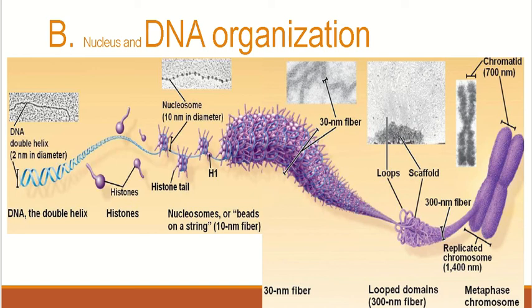Eventually, the beads on a string configuration will proceed to the third level, which is the formation of the 30 to 40 nanometer chromatin fiber, which may be accomplished by twisting the beads on a string structure into a coil.